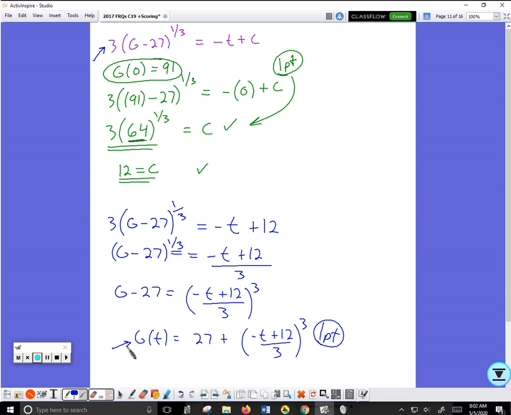Now we don't have to simplify anything, so we could just write on the paper g of 3 is going to equal 27 plus, parenthesis, don't forget the negative there, negative 3 plus 12, all divided by 3, and all of that cubed, and I would put a degree Celsius there, and I would quit.